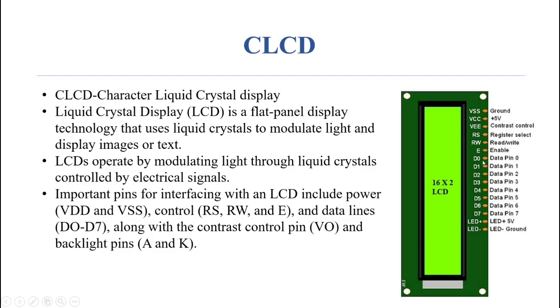E means enable. These are data pins. And LED plus and LED minus: in the backside of this LCD we have one LED built in, and when we give the supply to LED positive and LED negative, we can see clearly what is printing on the LCD.